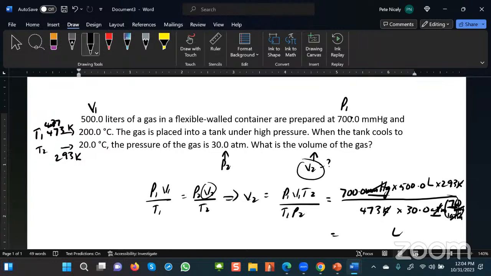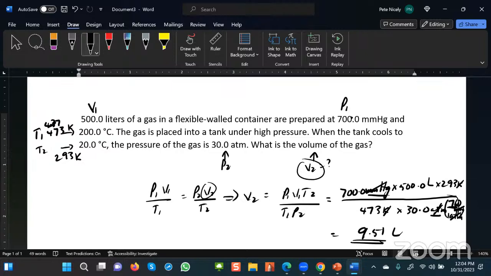According to my calculations, hold on, this can't be right. Let me try this again. Okay, this is more like it. According to my calculations, the answer is 9.51 liters.